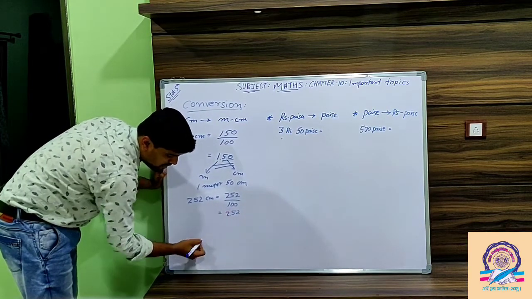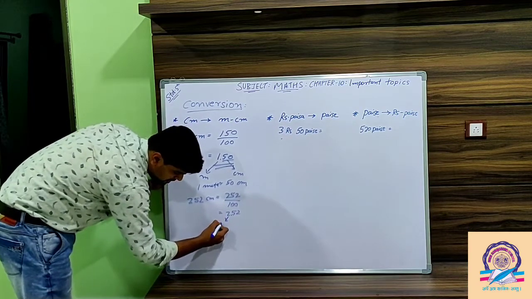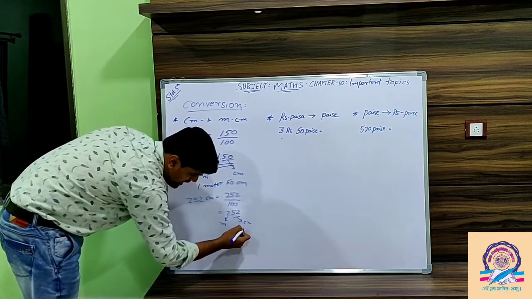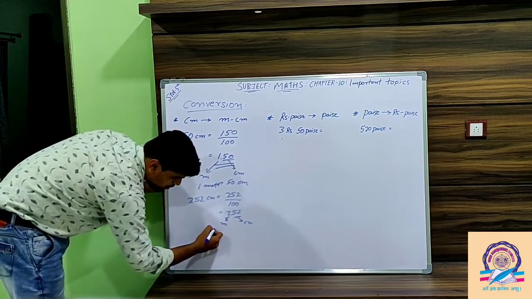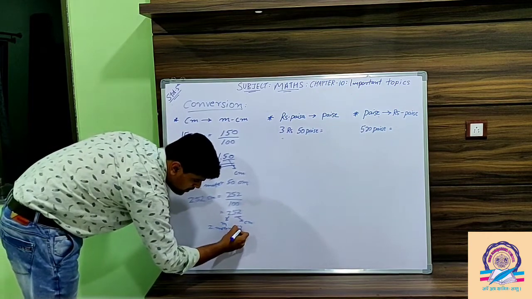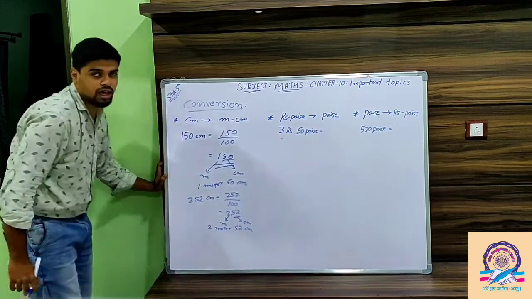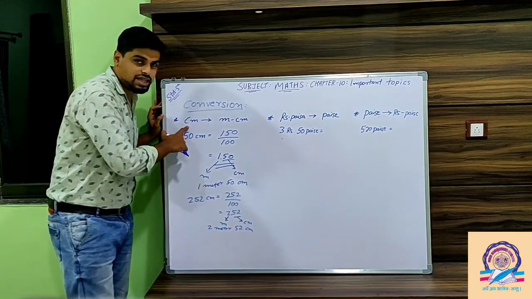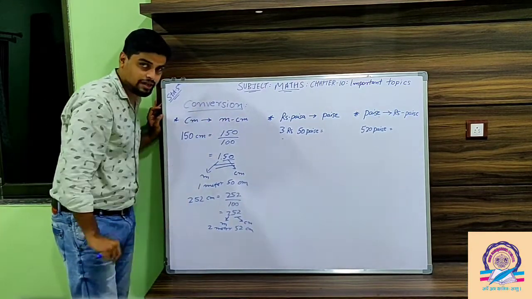I put it here. So this number is our meter and these both digits are our centimeter. So our answer will be 2 meter 52 centimeter. Okay, is it clear how to convert any given centimeter into meter and centimeter?